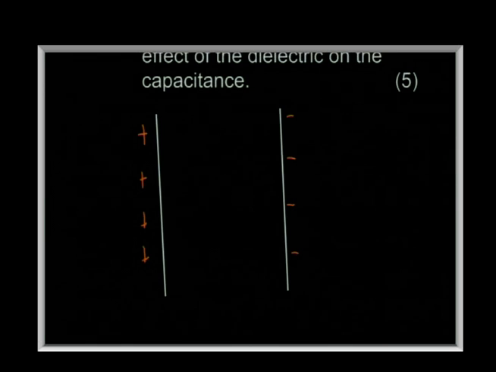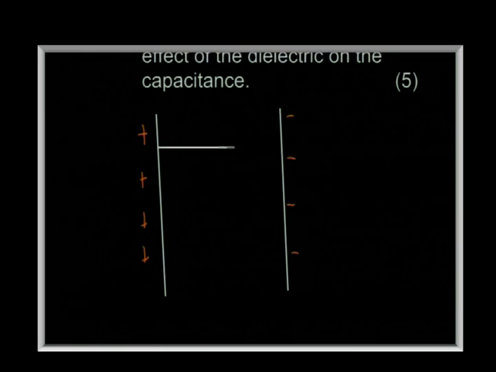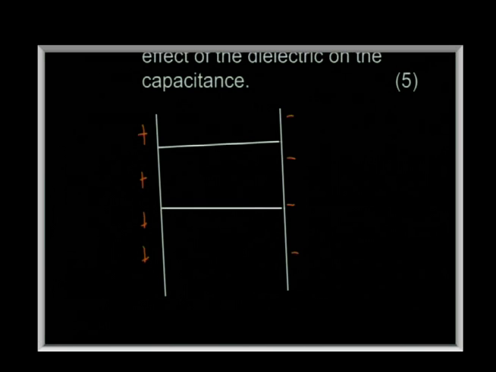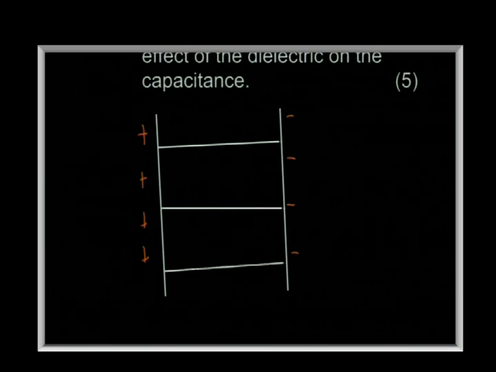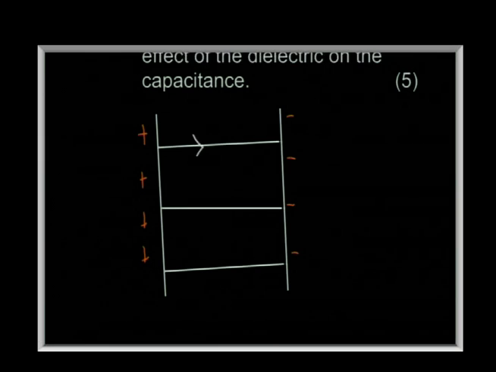It would be an interesting thing to show that initially the field from positive to negative might be represented like that. There's no dielectric in this one. The field lines are relatively far apart from each other, and what we're going to see is that you've got that uniform field between there and there.